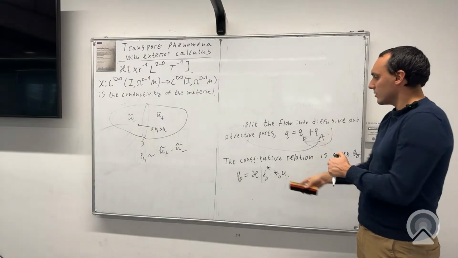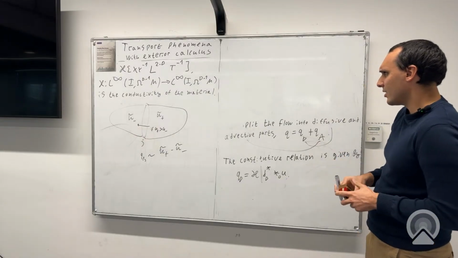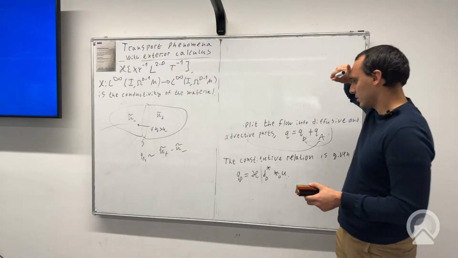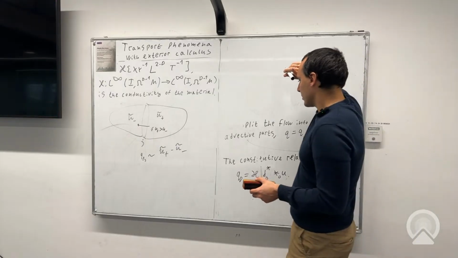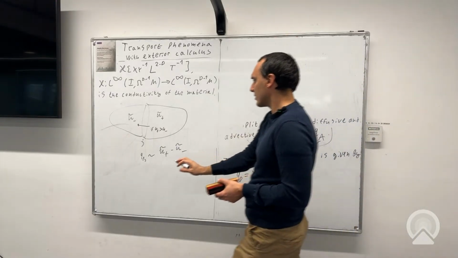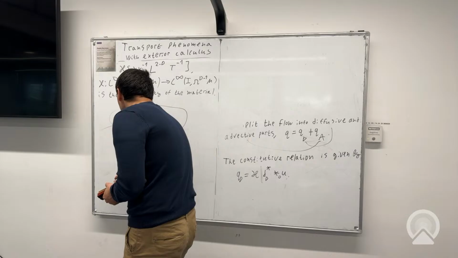And the Hodge star is used in order for the dimensions to match. Yeah, so this is similar to what's in the continuum.